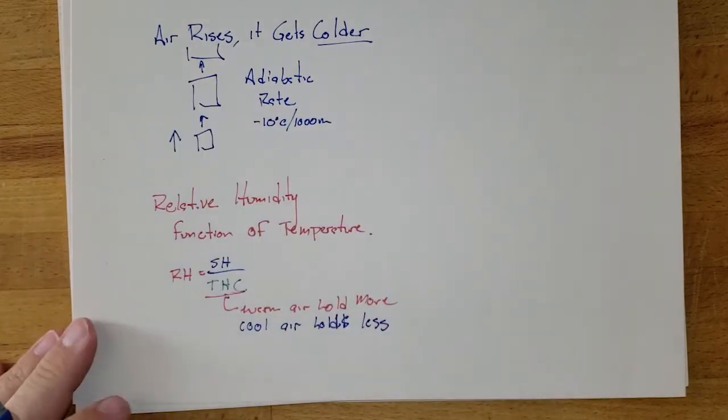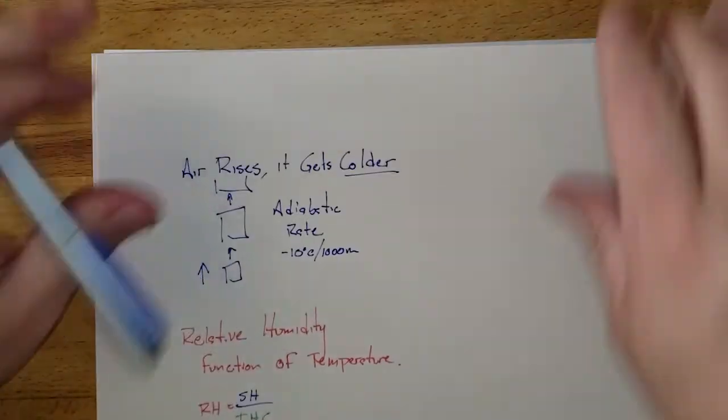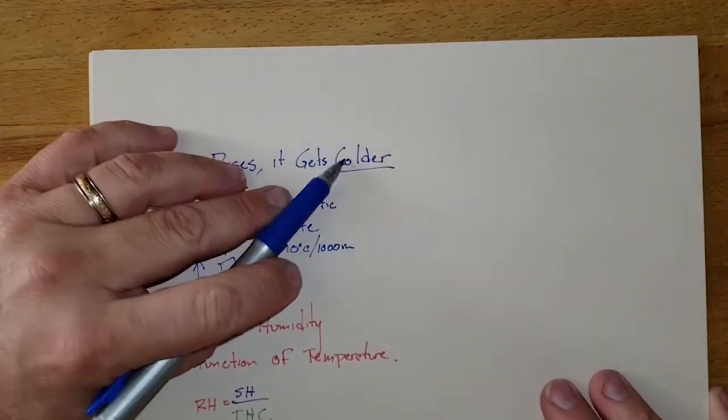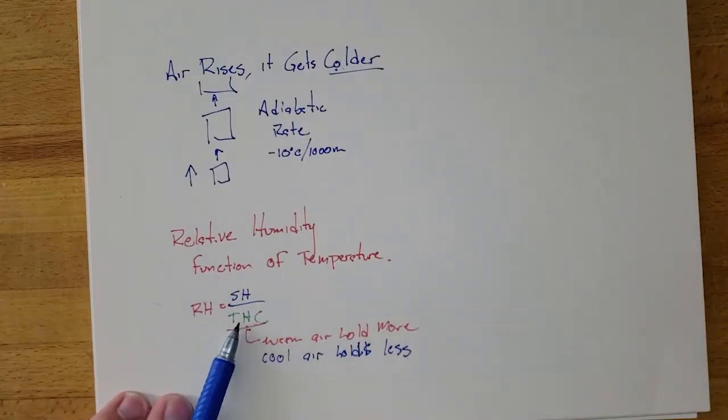Right? So if our air parcel is going up and our temperature is getting colder, that means this total holding capacity is becoming smaller and smaller.